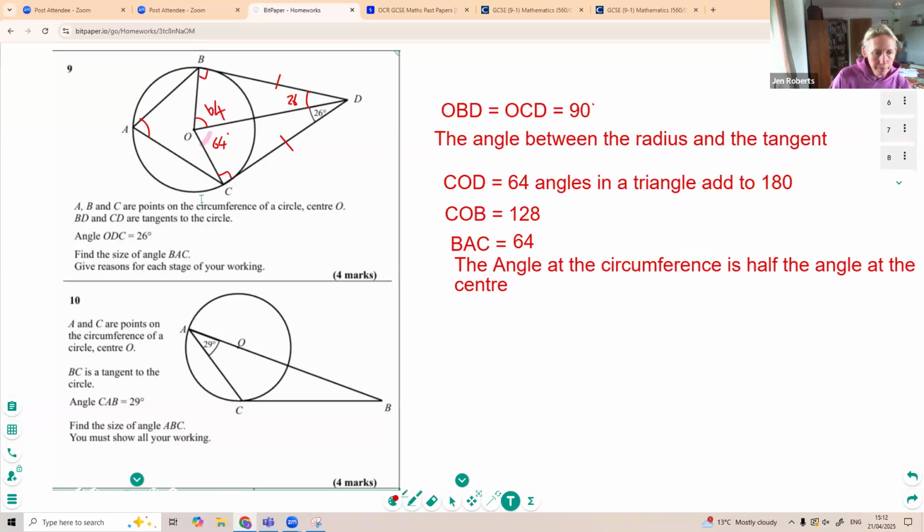Okay, question 10. Find the angle ABC. This is my unknown here. So we've got a triangle here. Might add in another length.